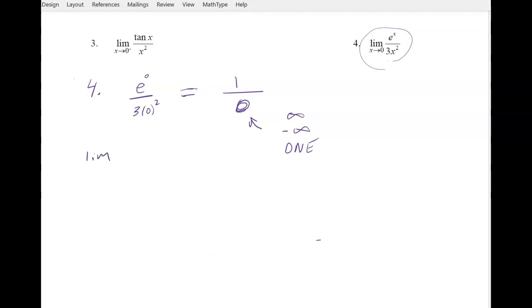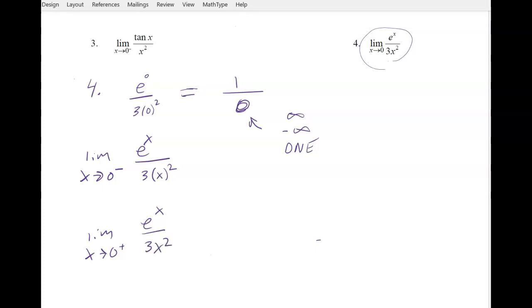I have to look at what happens, the limit as x goes to 0 from the left, and then I have to look at the limit as x goes to 0 from the right. Each of these are going to end up being either positive infinity or negative infinity on their own.